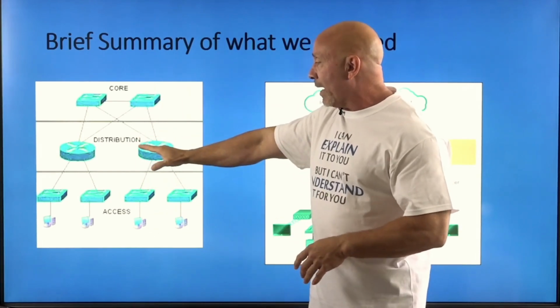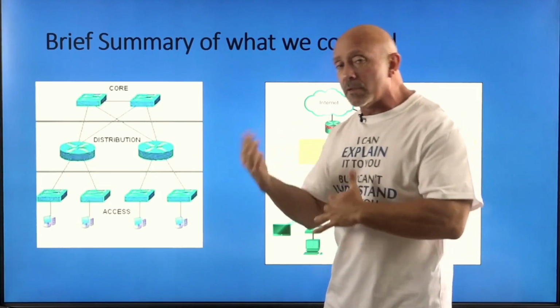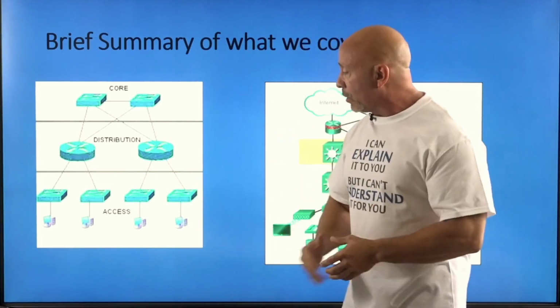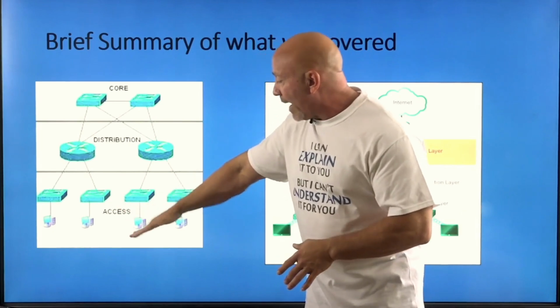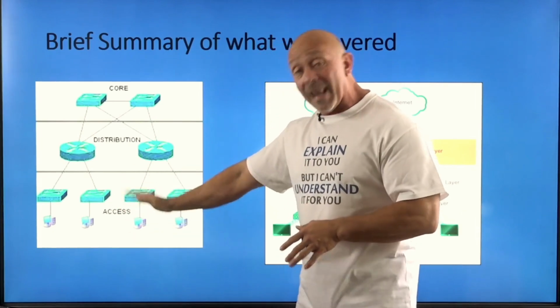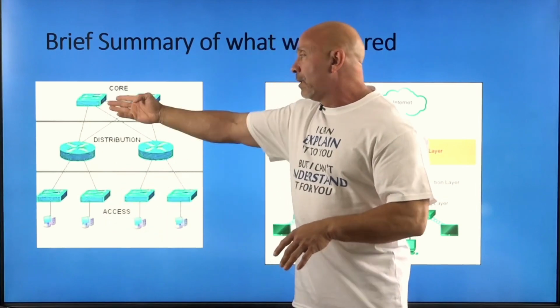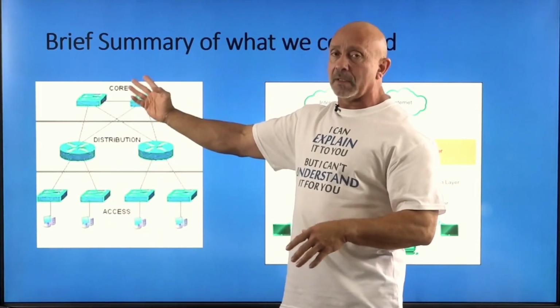Your distribution layer, they're the ones where you're going to start putting things like security, and you're going to be doing inter-VLANs and things of that nature. And then you have your workhorse, which is your access layer that accesses the LAN. These routers will know each individual LAN. These routers do not need to know that. Just, hey, send me a summary route.